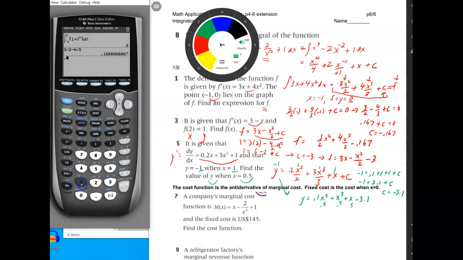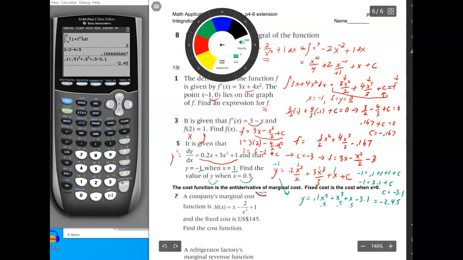I'll put 0.1, and then I'll do 0.5 squared. And then I'll do plus 0.5 cubed. And then I'll put plus 0.5. And then I'll put minus 3.1. And that will be my answer. Negative 2.45.